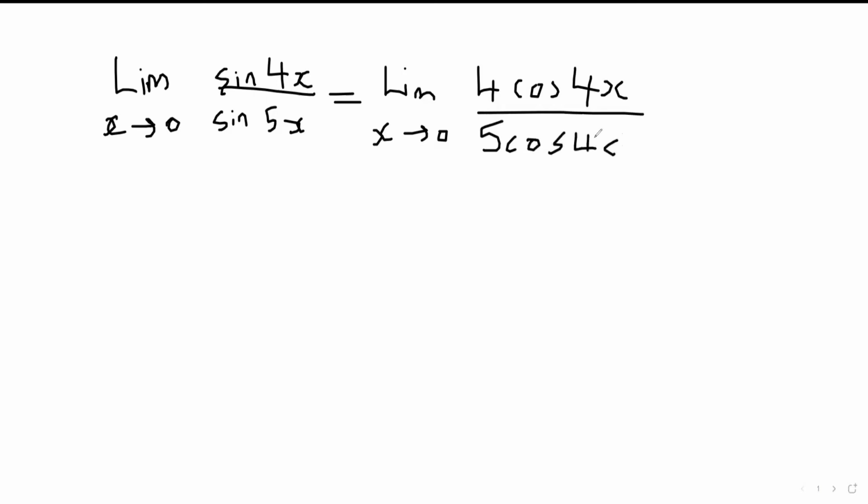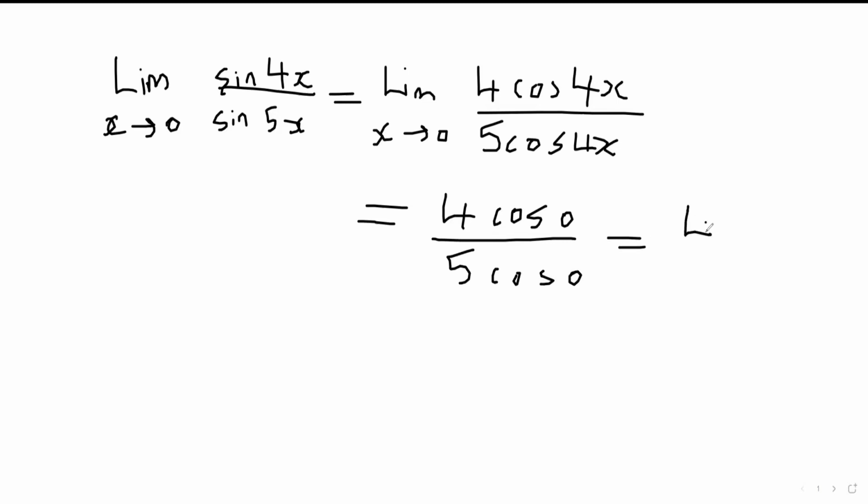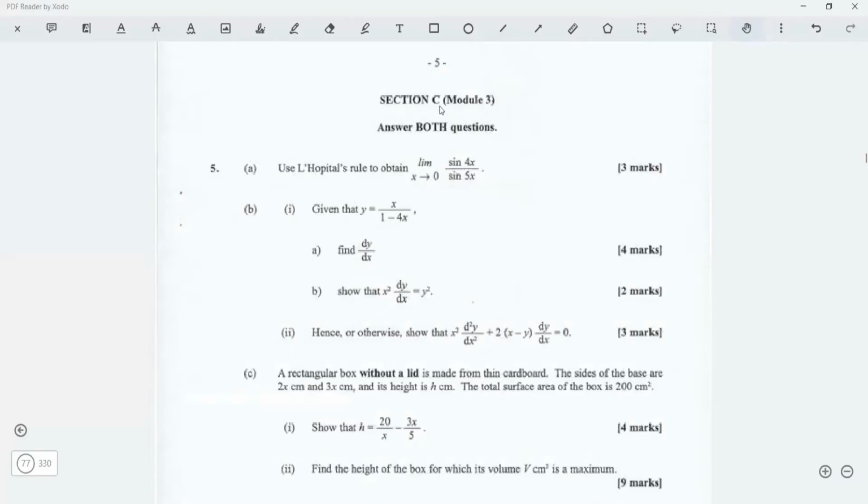Now you can apply x as 0, so you're going to get 4 times the cos of 0 over 5 times the cos of 0. The cos of 0 is 1, so I end up with 4 over 5. That's the limit, 4 over 5. First spot, cool, right? Nothing strange with that one. 4 over 5, right, Marika? Yes, sir. All right, 4 over 5, good.